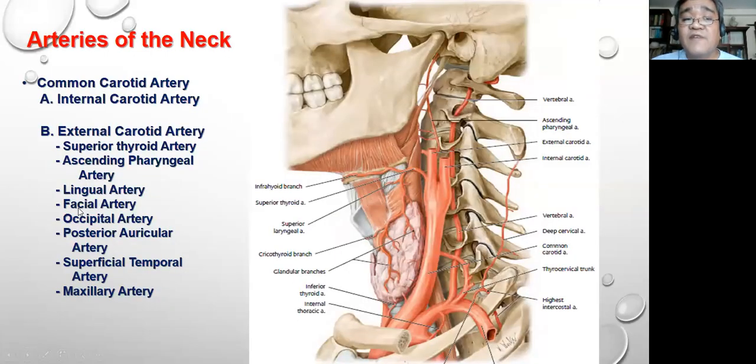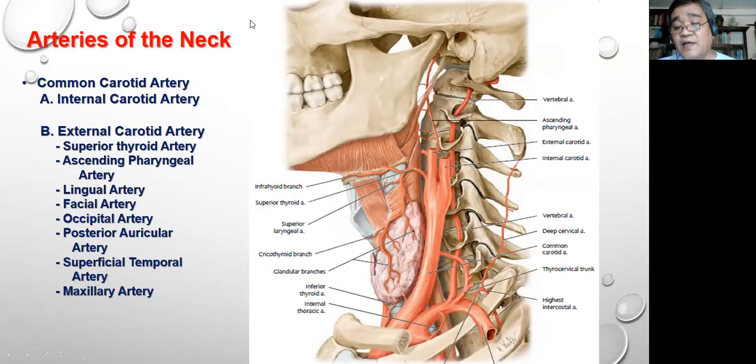Okay, arteries of the neck. What are the arteries that supply the neck or that traverse the neck? Well, you have your common carotid artery. Especially what is shown here is the left common carotid artery, which originates from the arch of the aorta. The right common carotid artery is actually a branch of the brachiocephalic trunk, which is a direct branch of the arch of the aorta.